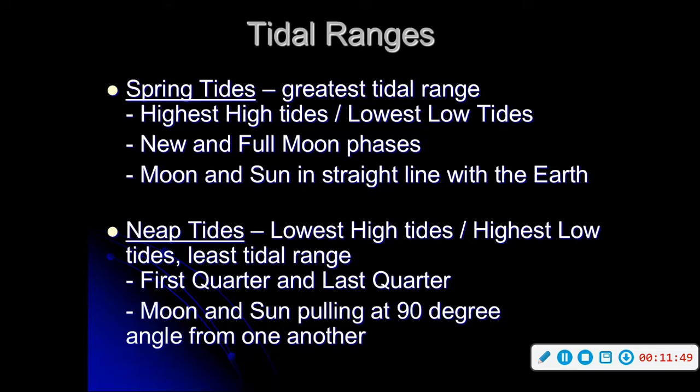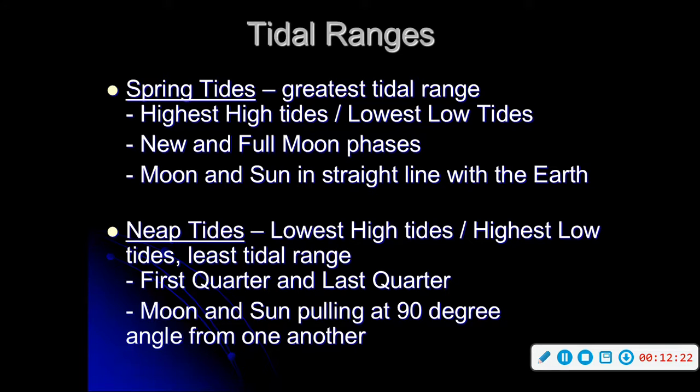And again, because the moon's revolving around the Earth, the 2 phases that you get the strongest tidal pull would be during the new and full moon, because the moon and sun are pulling in the same direction or same plane. And I'll show you a picture in a moment showing the way that works, but basically those 2 phases are going to be the greatest tidal changes, and fishermen say those are the best times to fish during the month because the water will actually move the most and the fish will be more active.